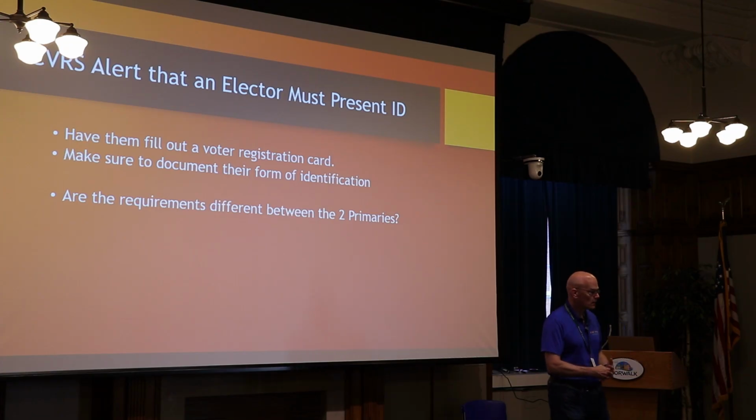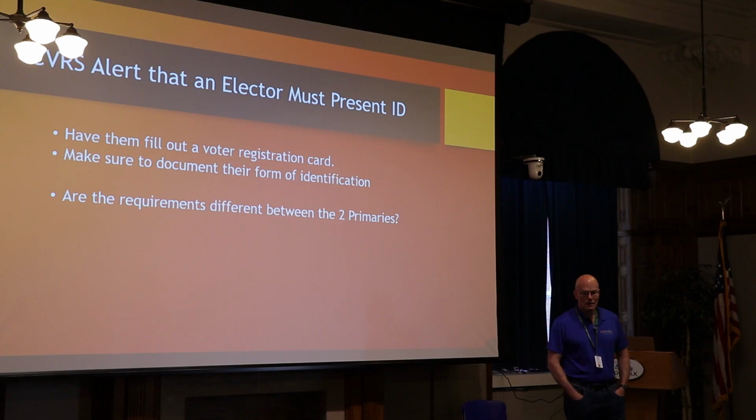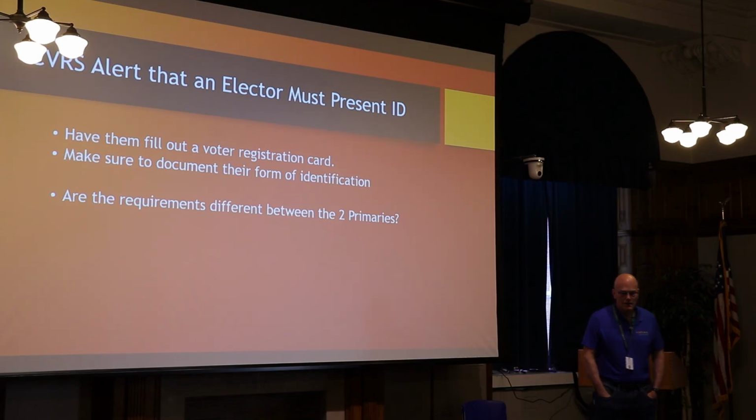Usually it's a driver's license. Most people come in and show a driver's license, and that proves both. A standard out-of-state ID proves they are who they say they are. A social security card doesn't have an address. Right, so it's different.